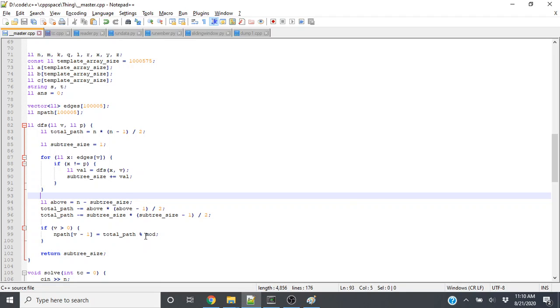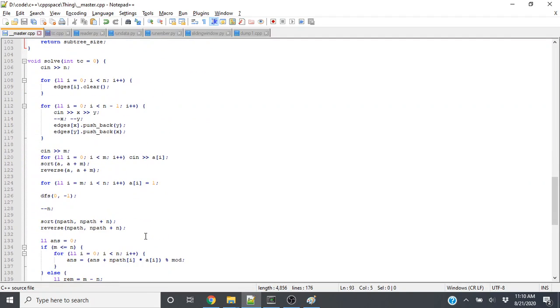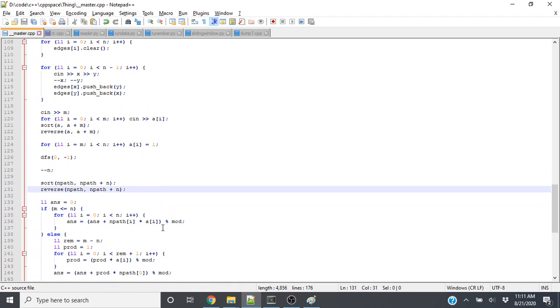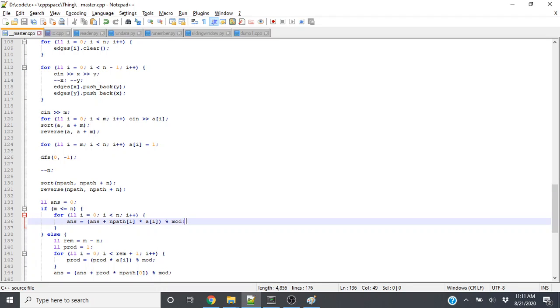We're doing mod here, that's fine. And path v minus 1 returns subtree size. Okay, subtract n, sort and reverse, so sort in non-decreasing order. So then if m is less than or equal to n, then ans equals ans plus npath I times ai mod mod. And that doesn't overflow.